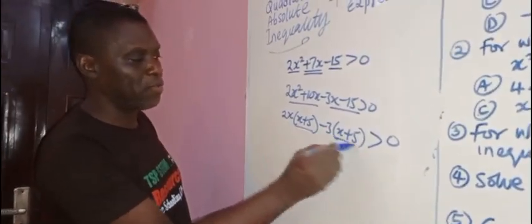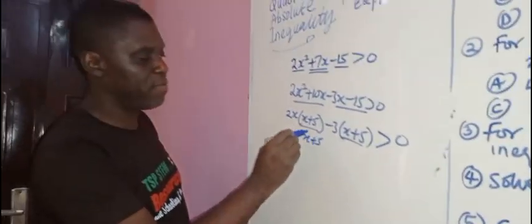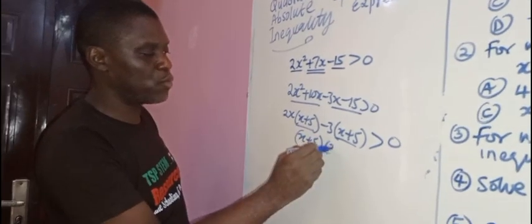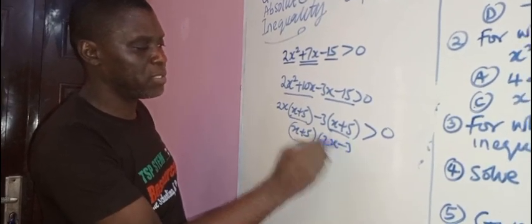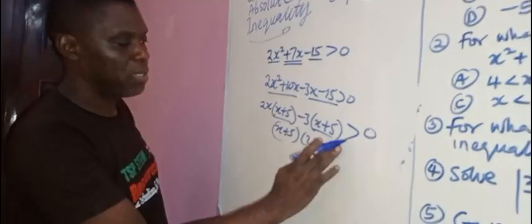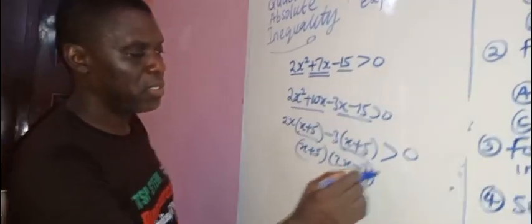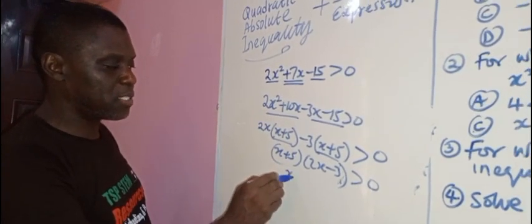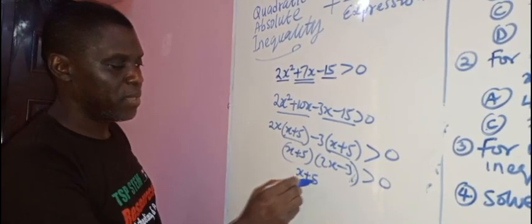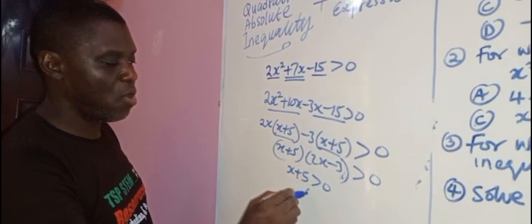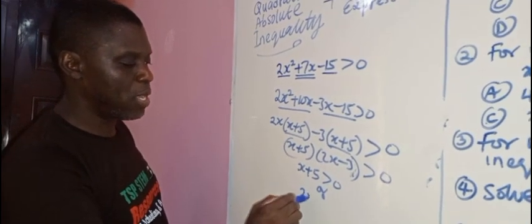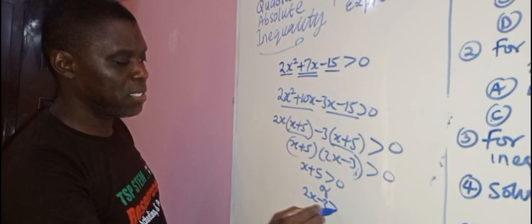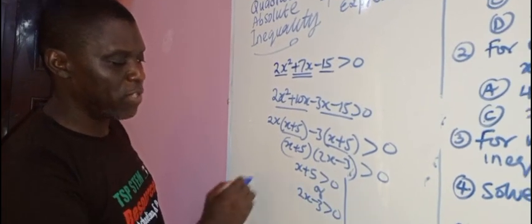So common factor now, you pick x plus 5. This cancels this, we have 2x minus 3 greater than 0. So now it means that x plus 5 is greater than 0, or 2x minus 3 is greater than 0. So this one gives us what?